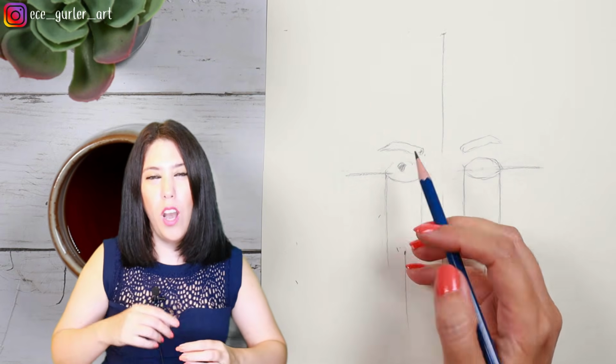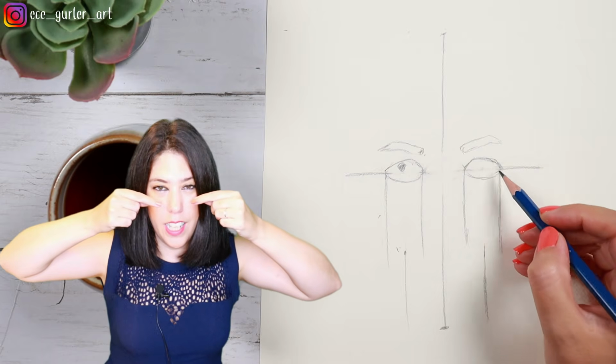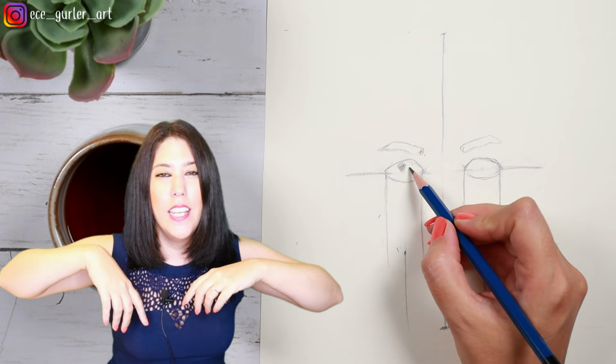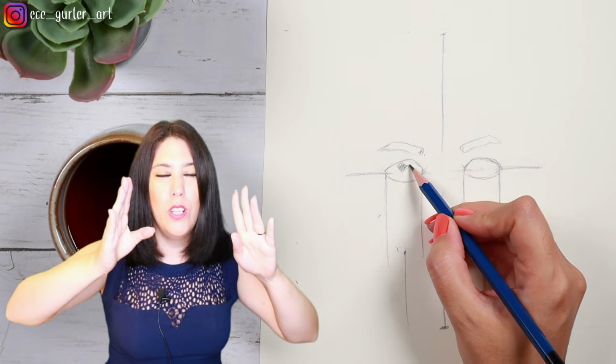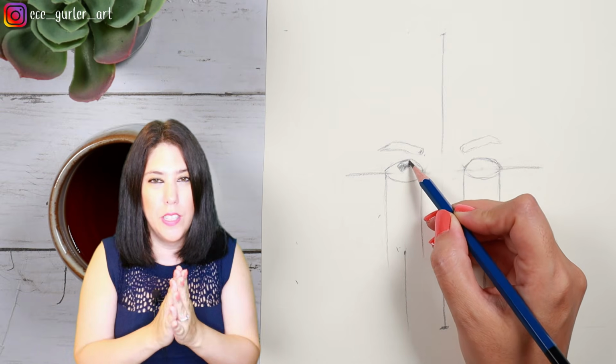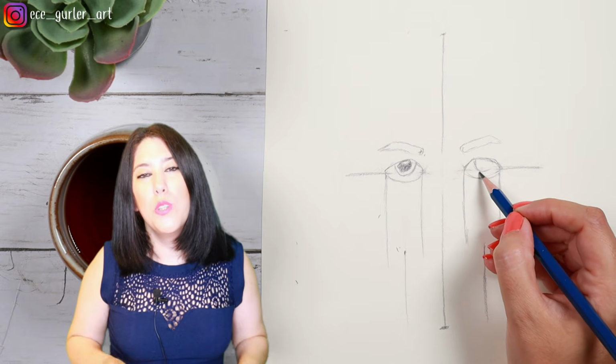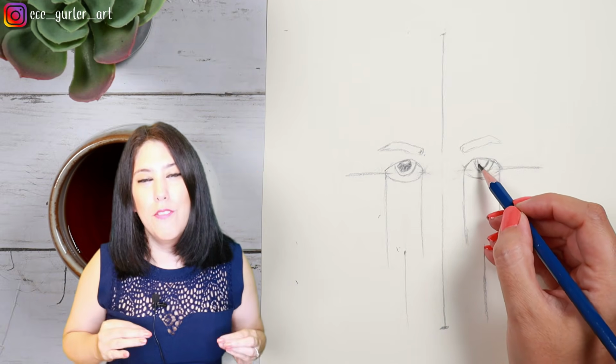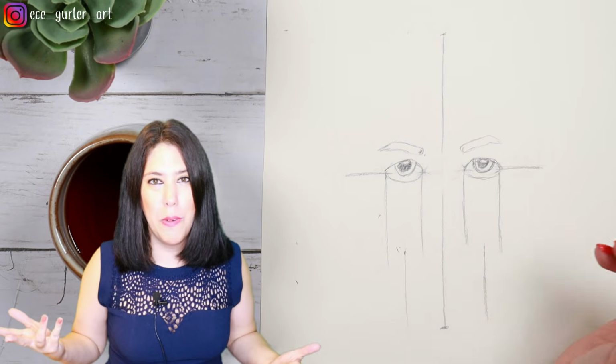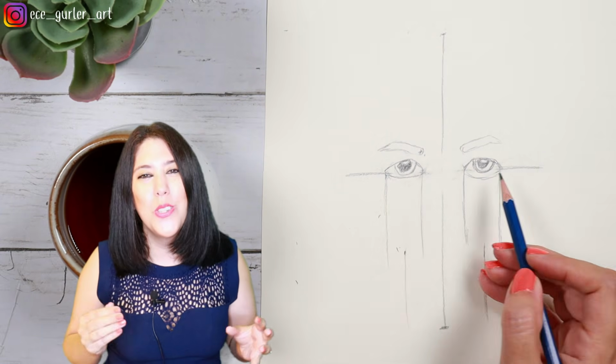When you go half an eye inside from the eye line, you get the middle of where the pupils need to be if they are looking straight. When you draw a straight line down from those pupils, you get a borderline for the mouth. Even with a very big smile, the mouth doesn't usually go across those lines.